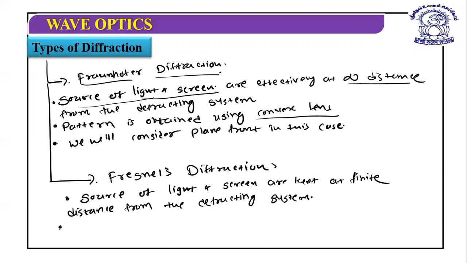As the source is at finite distance, we will consider cylindrical or spherical wavefronts depending on the type of source. If the source is point-sized, then there will be spherical wavefronts, and if the source is linear, then we will consider cylindrical wavefronts.